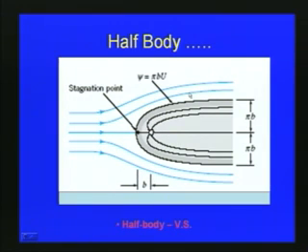If you draw the streamlines, due to the effect of the source, the uniform flow streamlines will be deflected both ways like this. With respect to the source, the streamlines come to this point and to the source from there, and finally we will get the half body like this.